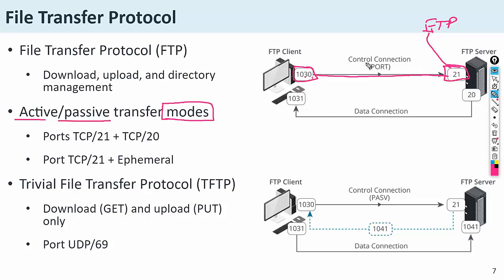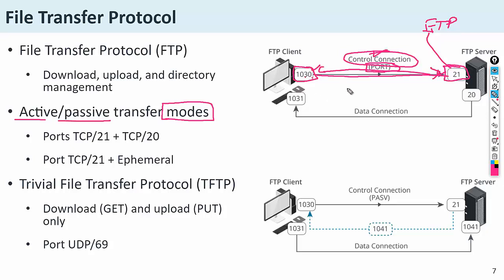So first it sends the request and creates a connection, and these two ports communicate with each other and control the connection. Controlling the connection means creating, maintaining, disconnecting and resetting the connection.